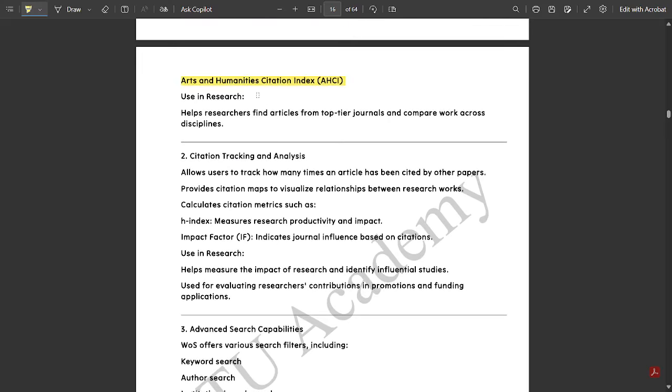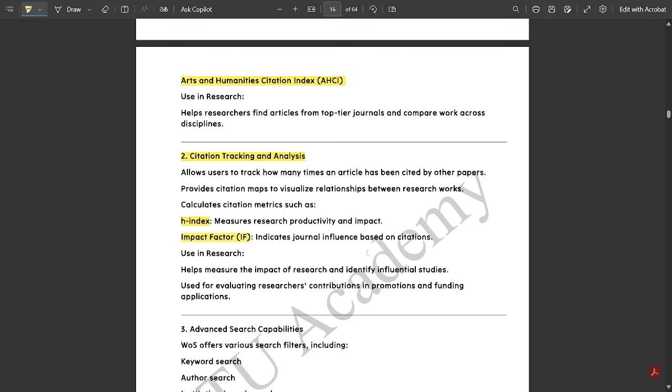The next important feature is citation tracking and analysis. It gives a brief evaluation about the H index, that is, it measures research productivity and impact of any research based on citation analysis. Next we have impact factor, IF.